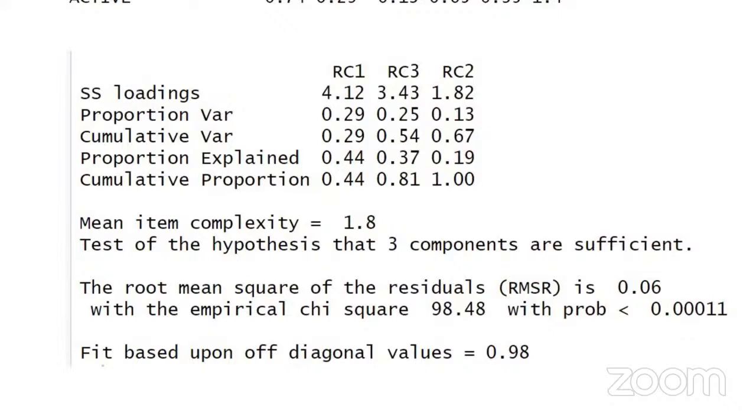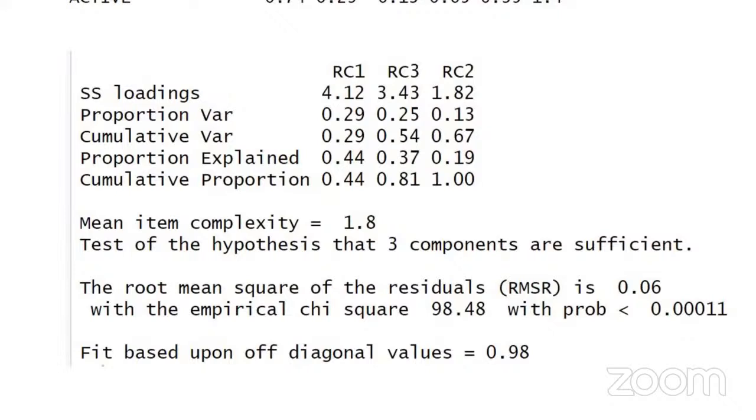Cumulative variance you will find is 29, 54, 67. So a total of 67% of variance is accounted for by these three factors of the eigenvalues.